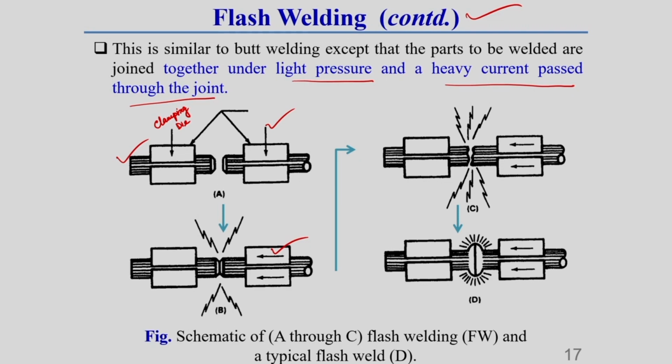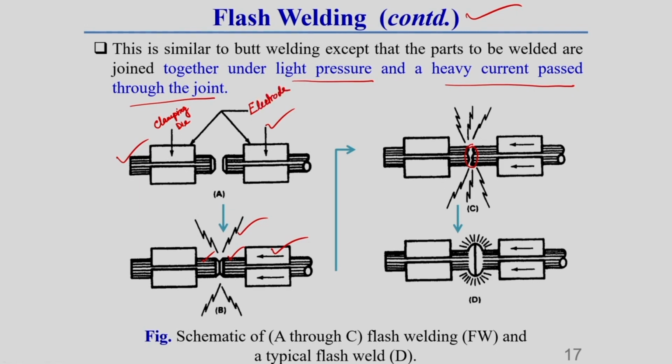Here you can observe that when these two workpieces come together at this location, an arc is generated. Due to this arc, the faying surface is widely heated, some portion is melted and some portion is plastically deformed. This clamping die, which is connected with the workpiece, acts as an electrode. This also you should keep in mind.